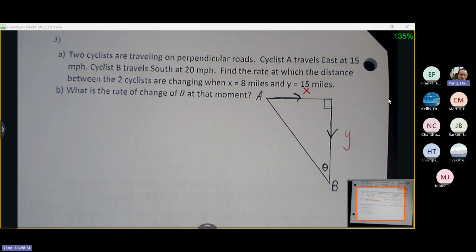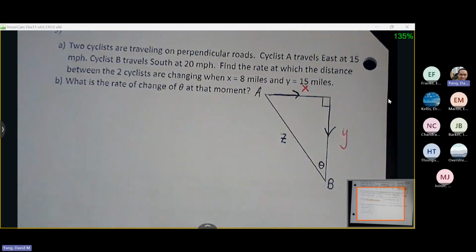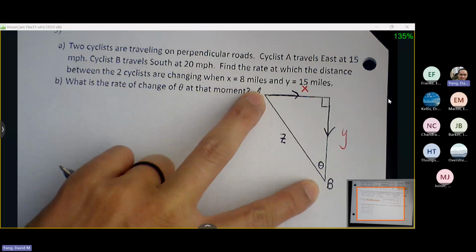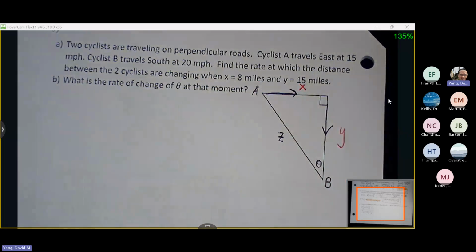So part A, find the rate at which the distance between the two cyclists is changing. So essentially we're having to deal with Pythagorean theorem, and we're going to eventually work towards finding that rate of change between A and B, which I'm going to call Z, since those are our familiar variables for Pythagorean theorem.